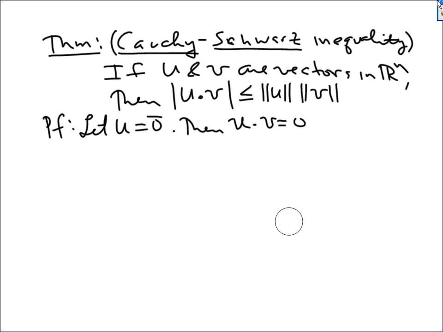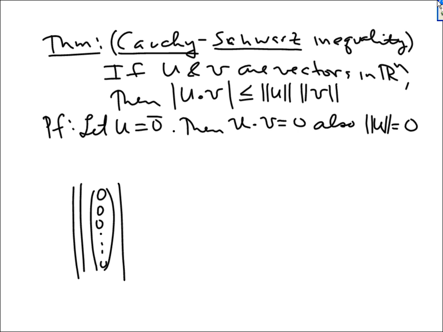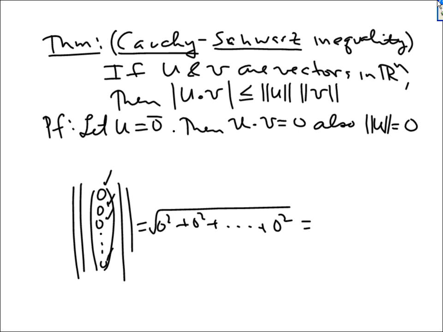So if U is 0, U dot V is 0. Also, the length of U is 0, because U is all zeros, however many. You square all those zeros and add them up, you get 0 squared plus 0 squared up to 0 squared. You take the square root, you get 0. The length of the zero vector is certainly 0.